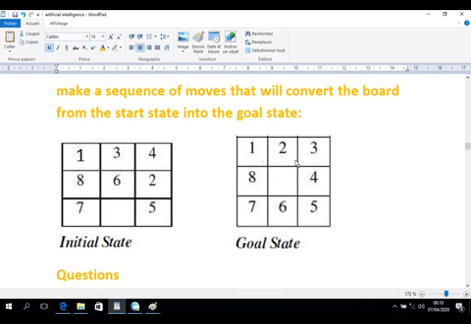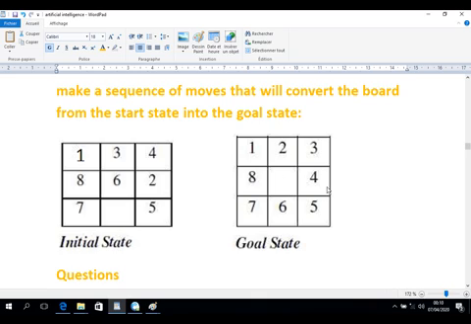So this is the situation. This is the initial state and this is the final state. So initially the pieces are arranged in an arbitrary manner on the board.